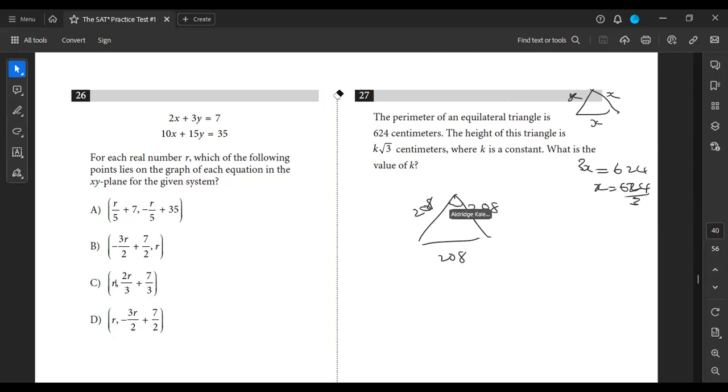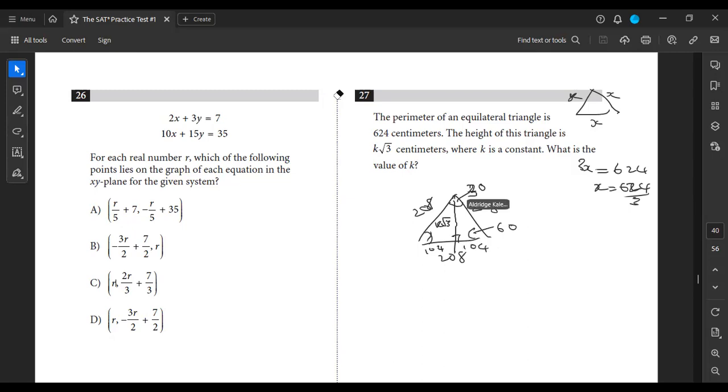If it's an equilateral, it means all sides are equal and all angles are 60 degrees. And we've been told that the height is k root 3. Notice how this is now in half. So this is 104, this is 104. Now we have a 30-60-90 triangle.